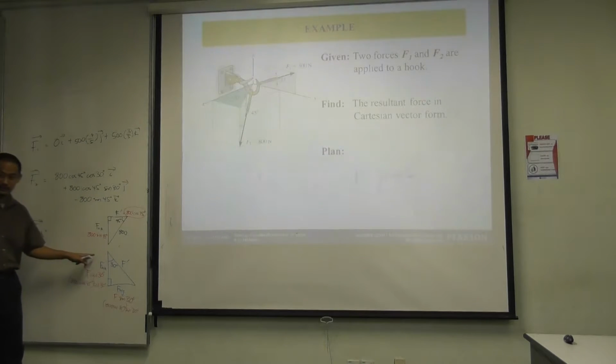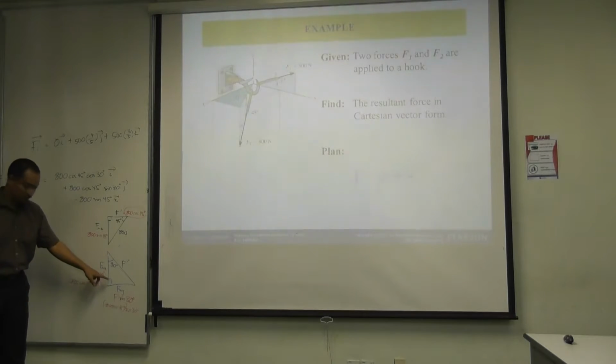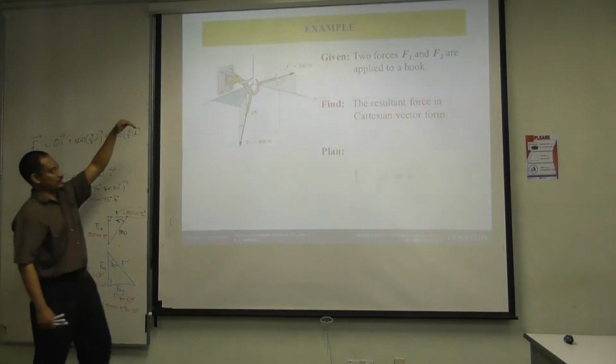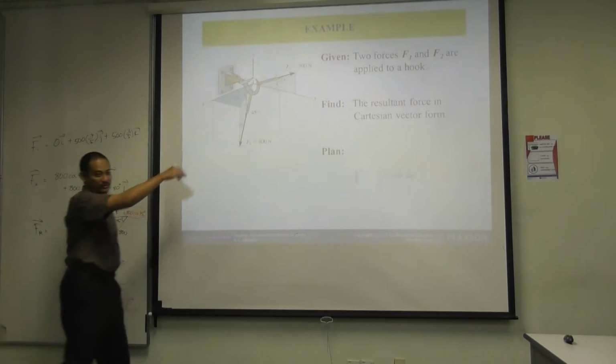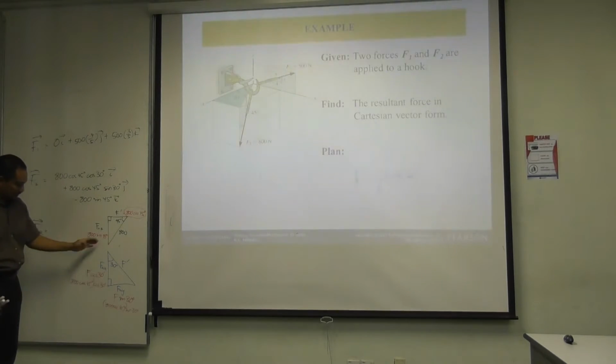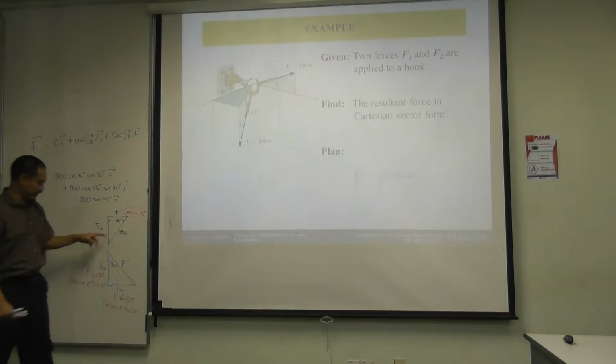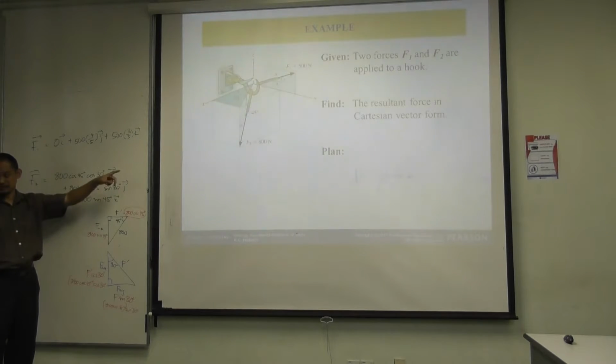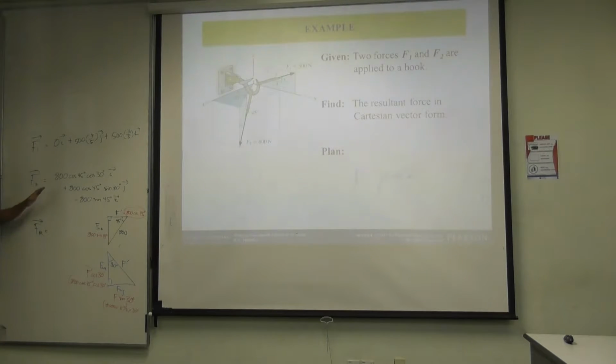This is y, this is x. Make sure you understand why this is x, y, because from the perspective that you look at the triangle, x is bottom, y is top. But you can imagine this one from the drawing. Any question?